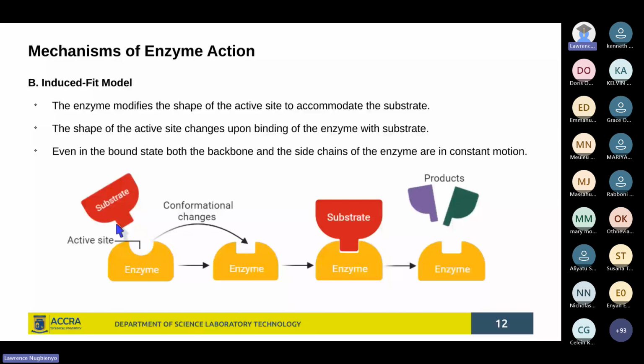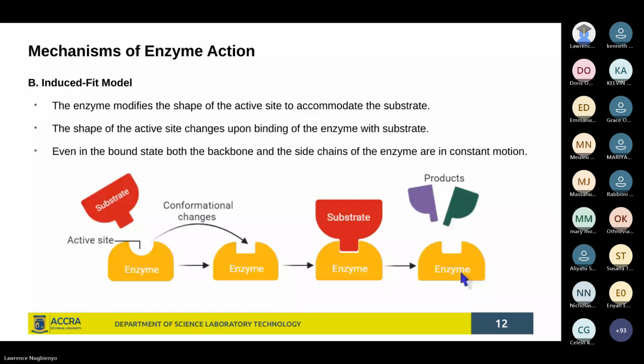But once the substrate moves to bind to the enzyme in that active site, conformational changes occur so that the active site of the enzyme is now changed to fit the substrate. And so you now have the enzyme substrate complex fit for the reaction to proceed to give us products that dissociate away from the enzyme in the end.